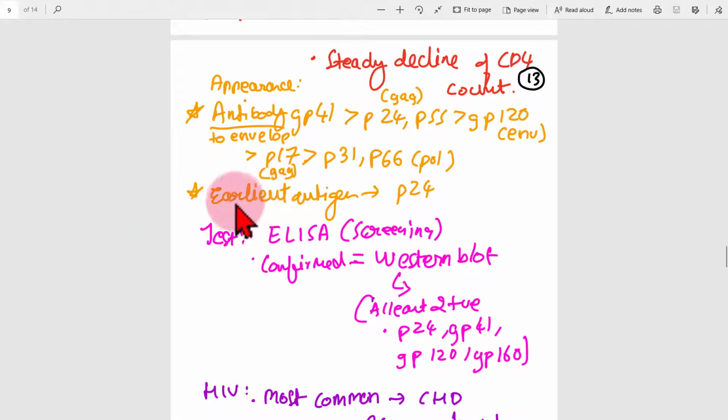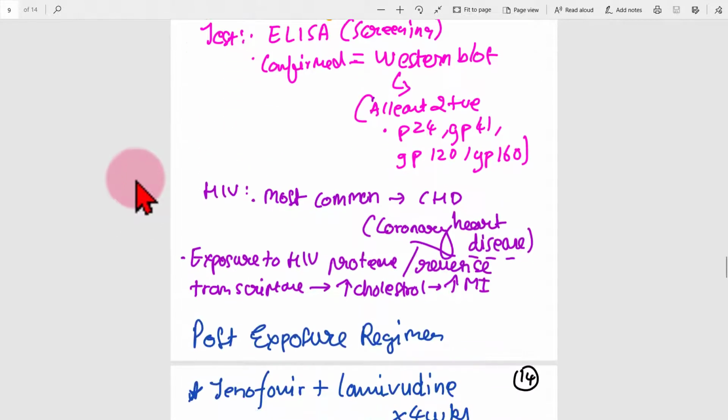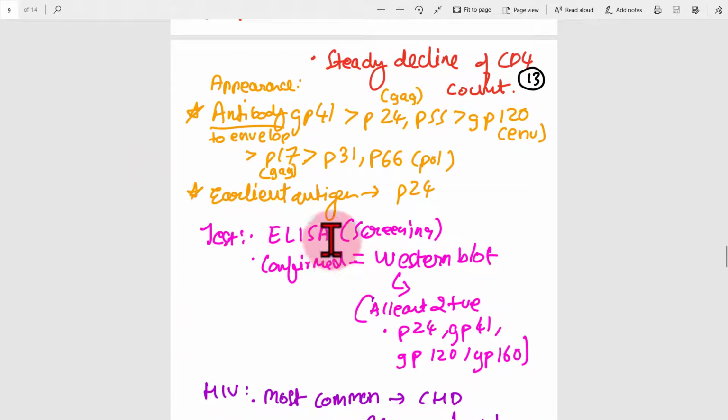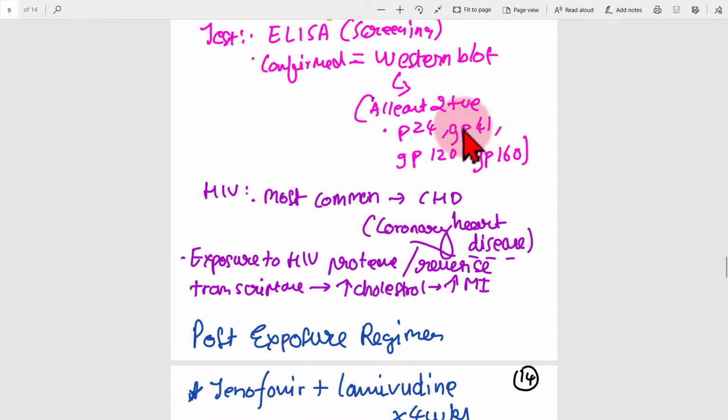The earliest antigen that occurs is P24, and the tests performed are ELISA, used for screening, and it is confirmed using the Western blot. In Western blot confirmation, 2 bands need to be positive, and here they are P24, GP41 or GP120 or GP160.